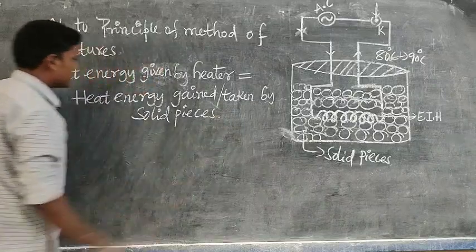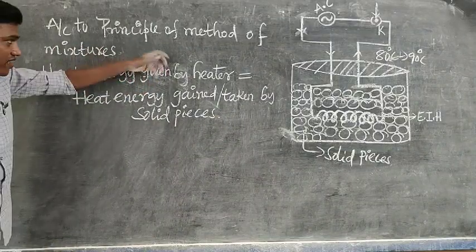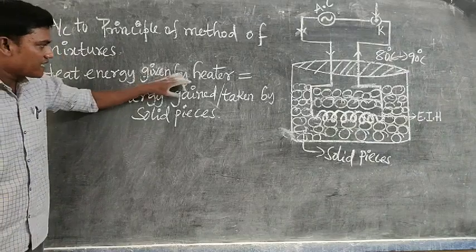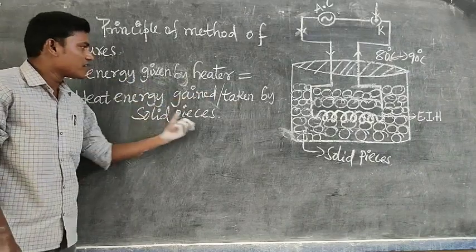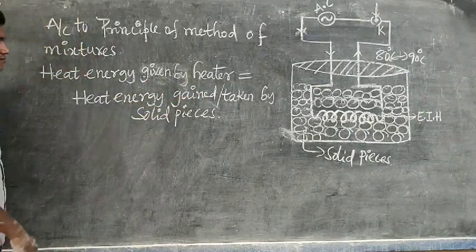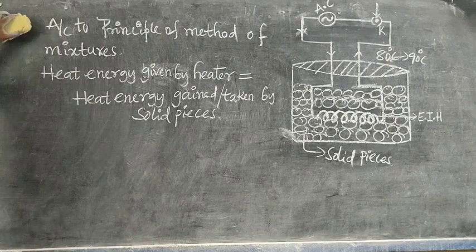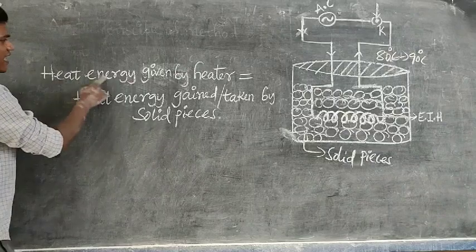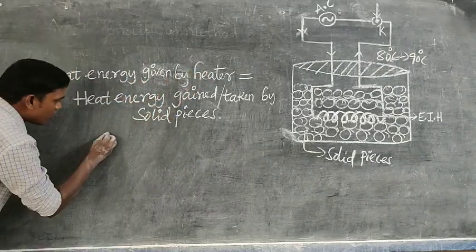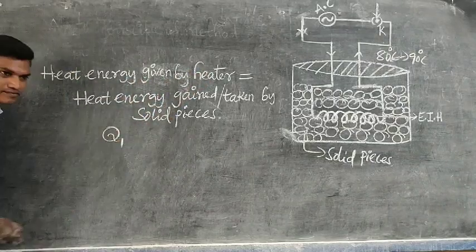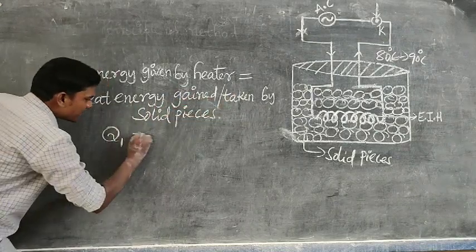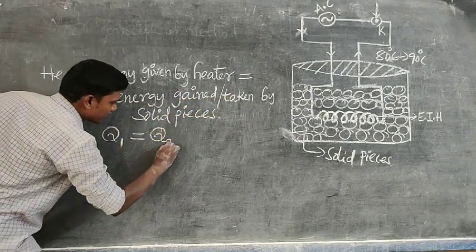So listen here, heat energy given by the heater is equal to heat energy gained by the solid pieces. Now here, heat energy given by the heater we consider as Q1, and heat energy gained by the solid pieces we consider as Q2.